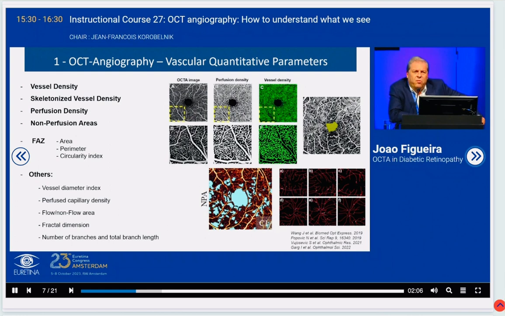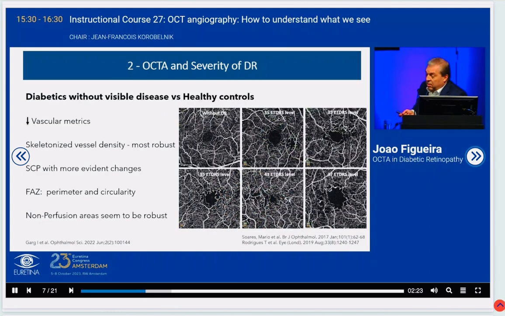And also the foveal avascular zone, mainly measuring the area, the perimeter, and the circularity index. Others, less used, are listed in this slide, but as I said, they are not so used in the clinic, research, and literature at the moment.